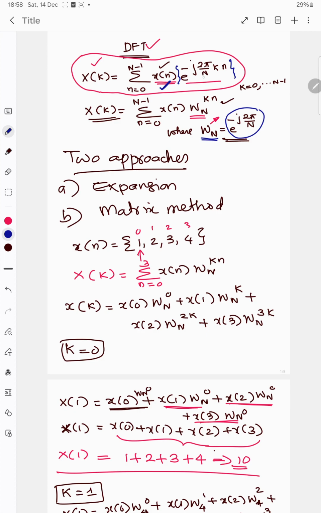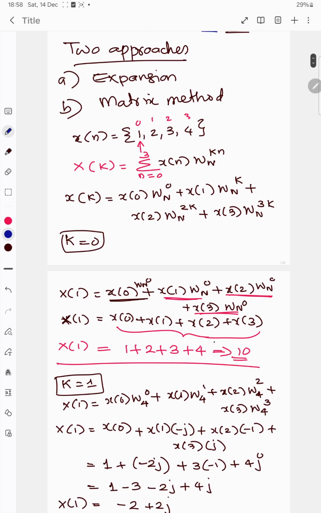Now, just for simplicity, we can substitute e to the power minus j 2 pi by N equal to WN. Then the above equation can be simplified as X of k equal to the sum of x of n multiplied by WN to the power kn, and this WN is called the twiddle factor. It can be calculated by the equation WN equal to e to the power minus j 2 pi by N. And as I have mentioned before, there are two approaches.